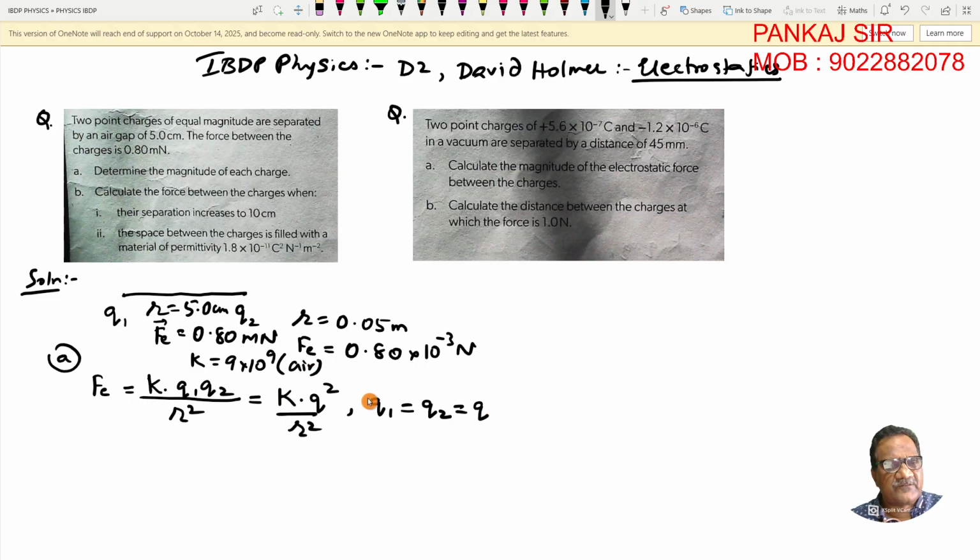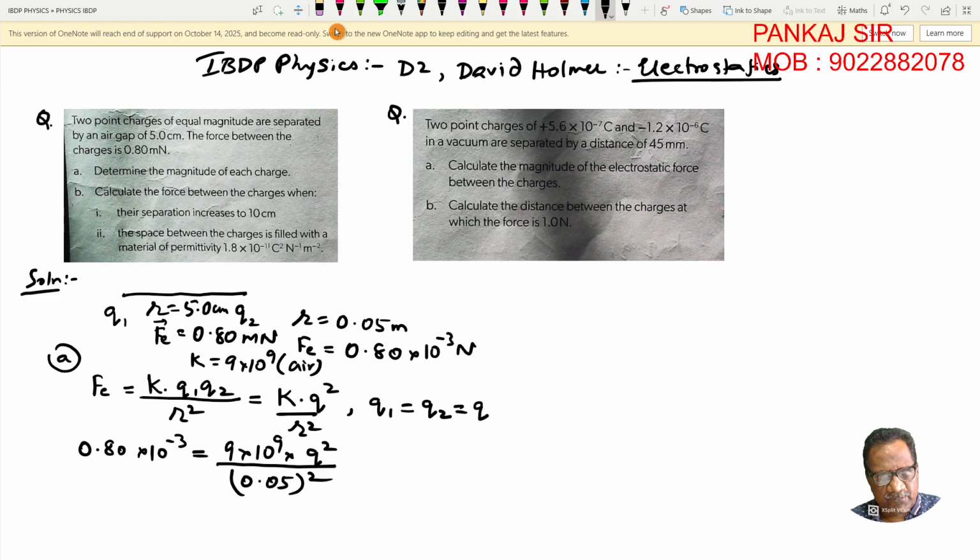Now plugging in the values, for Fe we'll put 0.80 times 10 raised to minus 3 equals K value 9 into 10 raised to 9 into Q square. This is what we want to find out, Q, and r square will be 0.05 the whole square.